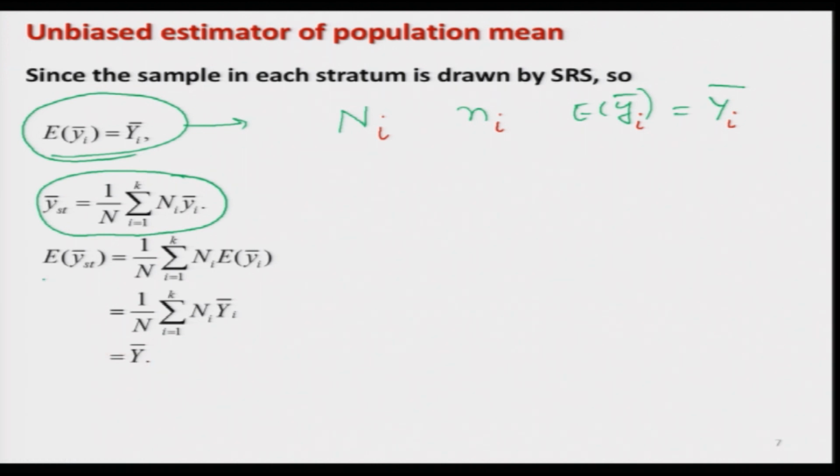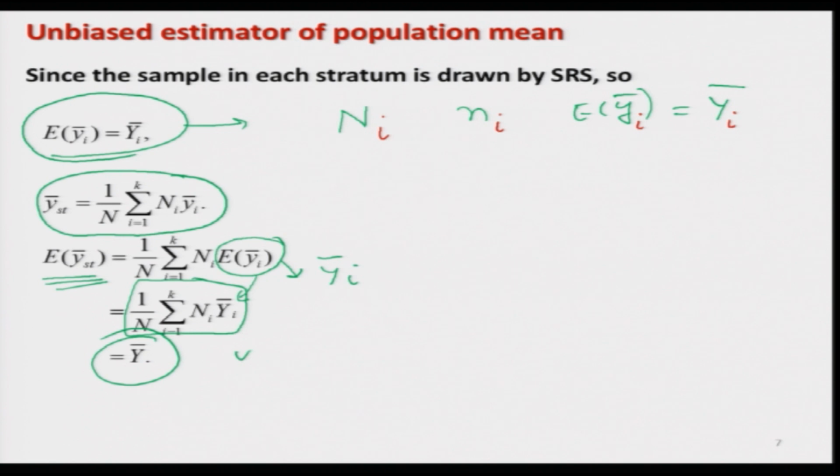So, now I try to find the expected value of y bar st. That is going to be 1 upon capital N, summation i goes from 1 to k, capital Ni, and the expectation operator comes inside the summation sign. Now, I know this expected value of y bar i is nothing but capital Y bar i. So, I substitute it here, and this quantity, 1 upon capital N summation i goes from 1 to k Ni Y bar i, is nothing but capital Y bar, which is the population mean.